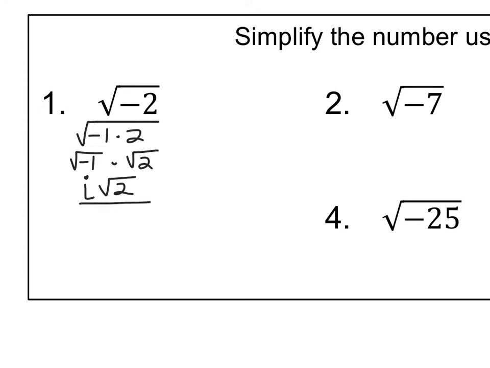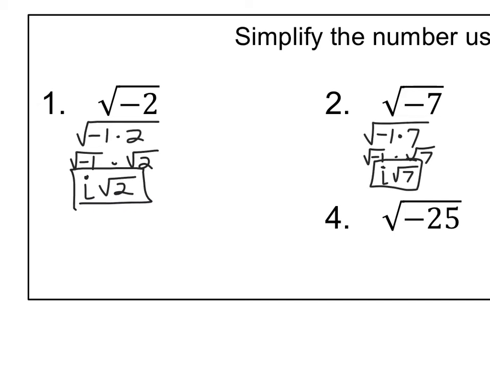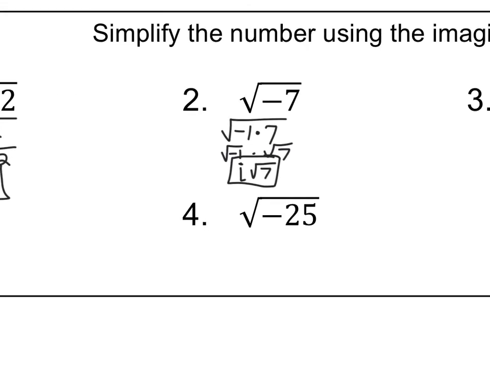So I just leave it as i square root of 2. Same thing with example number 2. Break them down, -1 and 7. Split them up. The square root of -1 is i, and the square root of 7. Can I break down the square root of 7? No, I can't, because 7 cannot be broken down, and you are done. Okay, so that's 1 and 2.